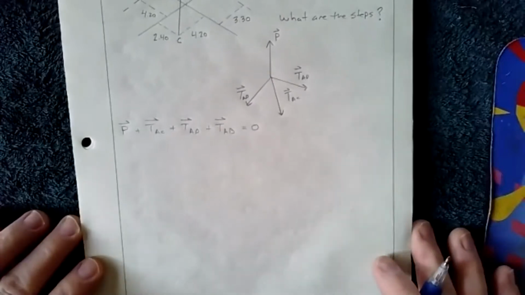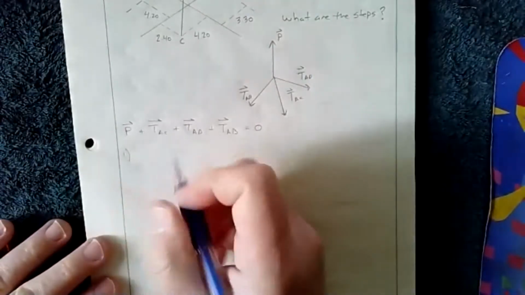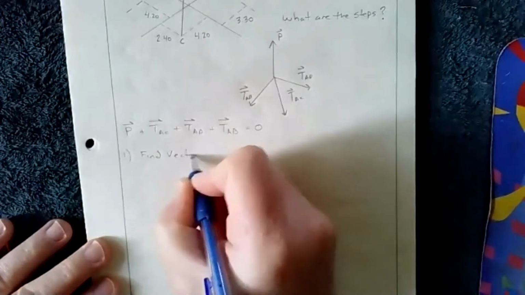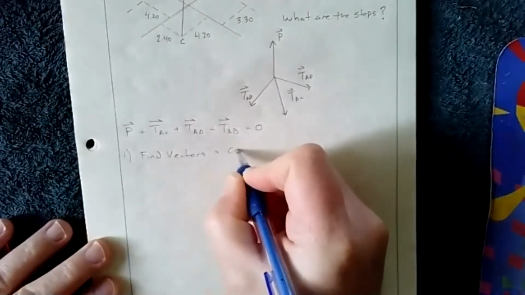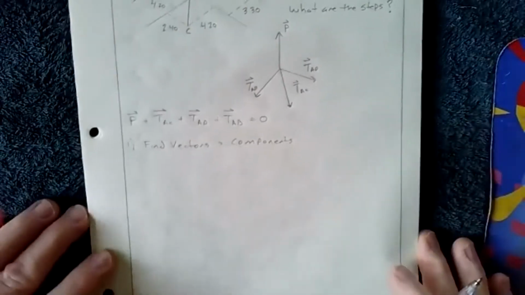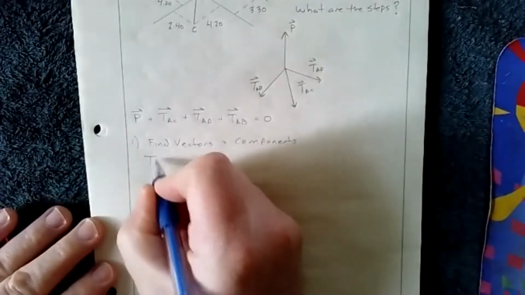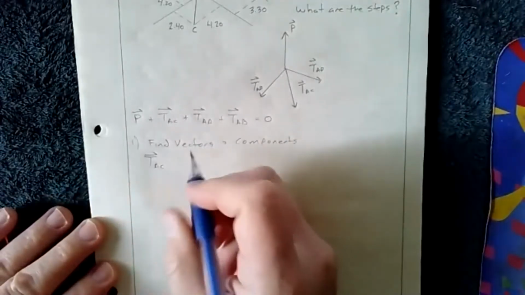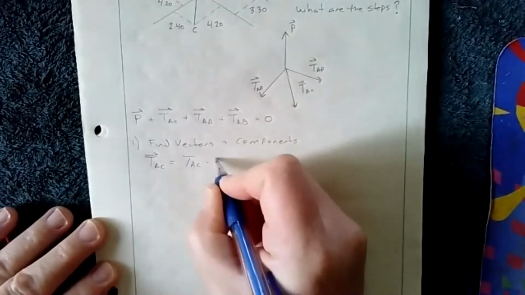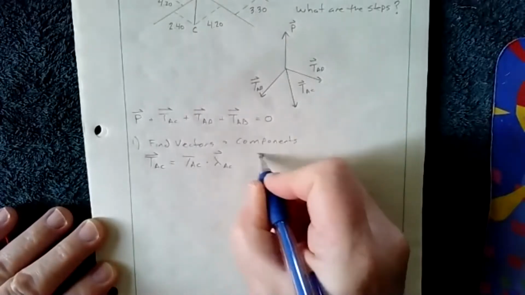So now we want to find the vectors and the components. So that's our first part. Step one: find vectors and components. With that, I'm going to say tension AC equals its magnitude times lambda AC. And then the same for the other ones.